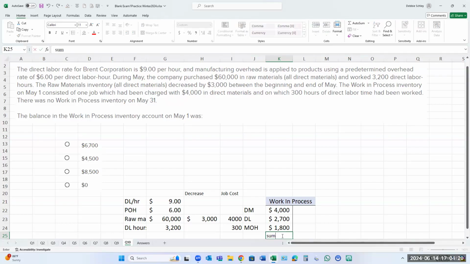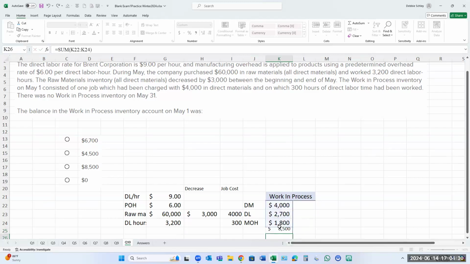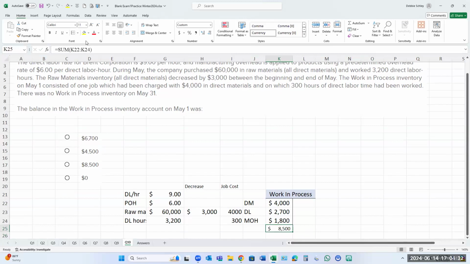So add those together. And we have a work in process balance that we started with of 8,500. Hope that helps you with exam 1.